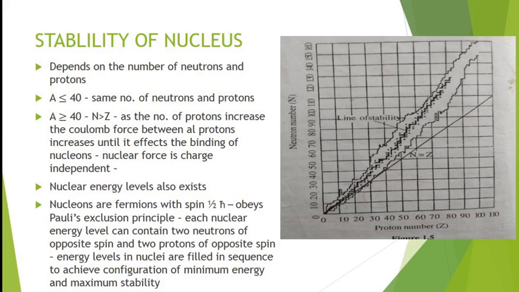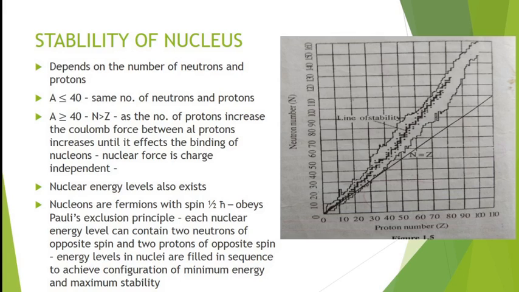So as the number of protons increases, the Coulomb force between the protons increases and it affects the binding of nucleons. Now, as we said earlier, nuclear energy levels also exist, since nucleons are fermions with a spin half, which obeys Pauli's exclusion principle.